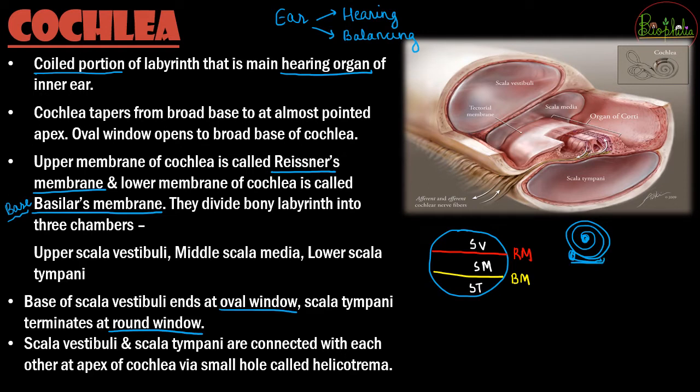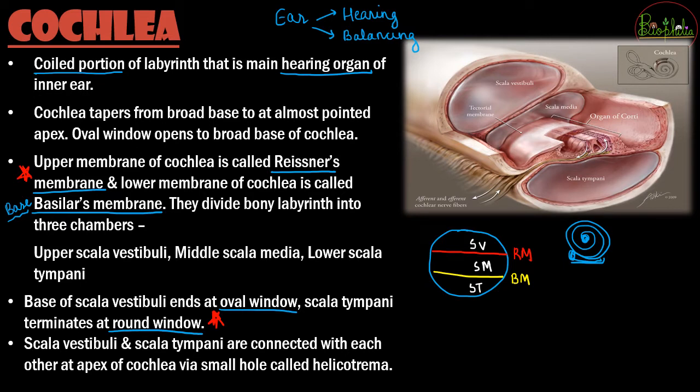So that kind of जो उसका start होगा, that is vestibuli part, the upper part is going to end at the oval window, and the scala tympani is going to be at the round window. This is again a very important part कि कौन कहाँ पे end होगा. The one thing is this, and the second thing that you need to remember is which membrane is called as what. So upper one is Reisner's, lower one is basilar.